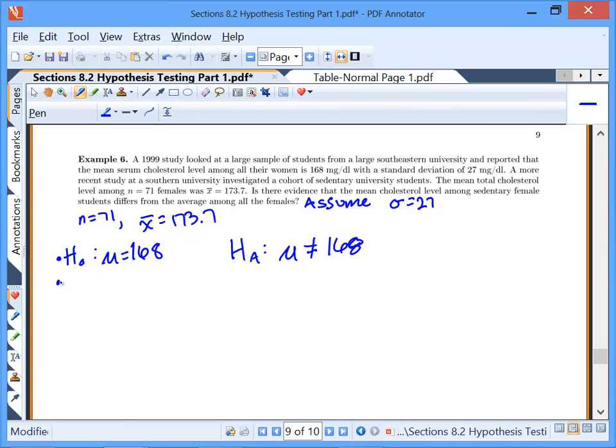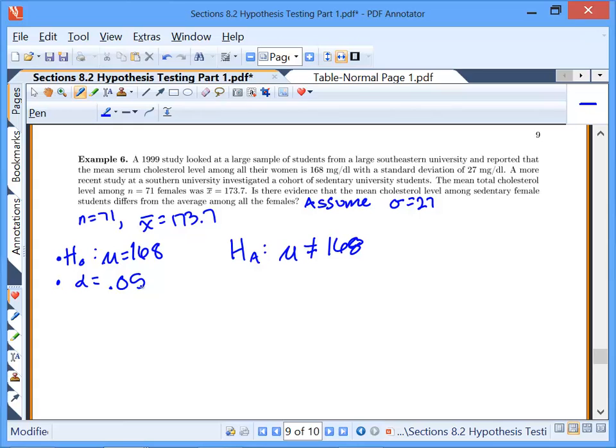What else do I need to do a hypothesis test? I know it's been a really long weekend, but if you look back at your notes, what else do we need? We need an alpha. If they don't tell me an alpha, I just need to pick an alpha. By default, we're going to choose 0.05.